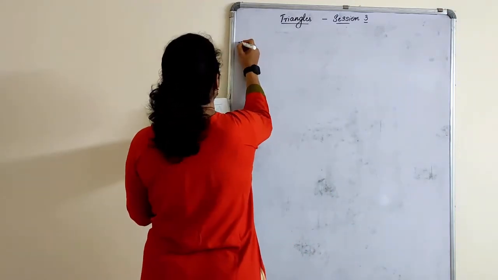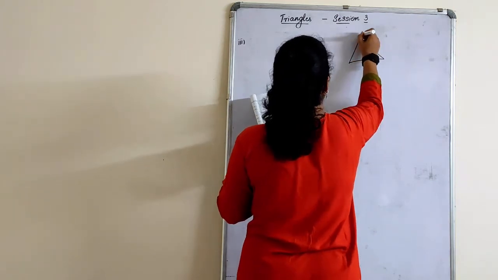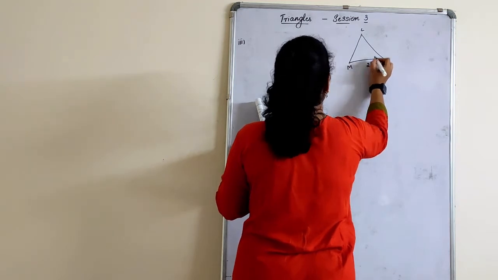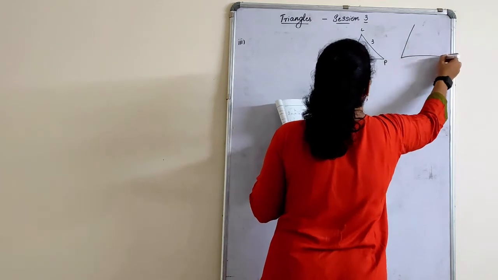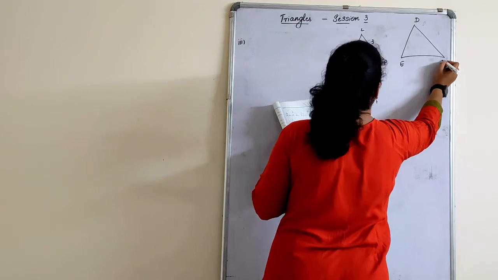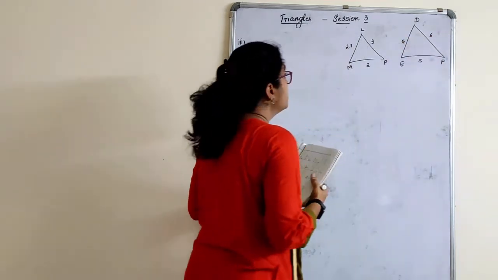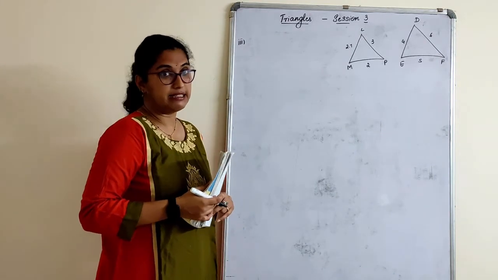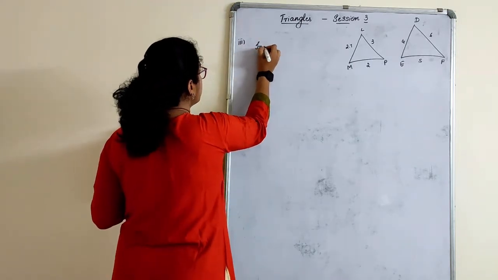And the third one is L, M, P. This is 2, 3, 2.7 and the next is D, E, F, 6, 5 and 4. Now here, even if you superimpose any of the sides, you will not get exactly the answer. They are not proportional.